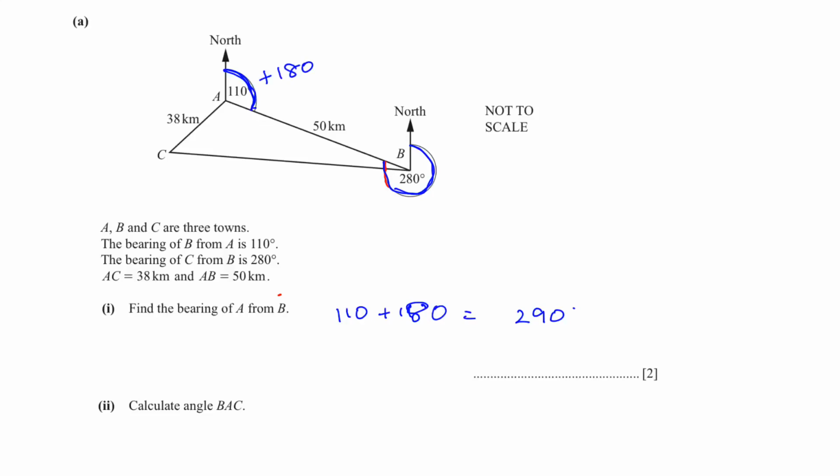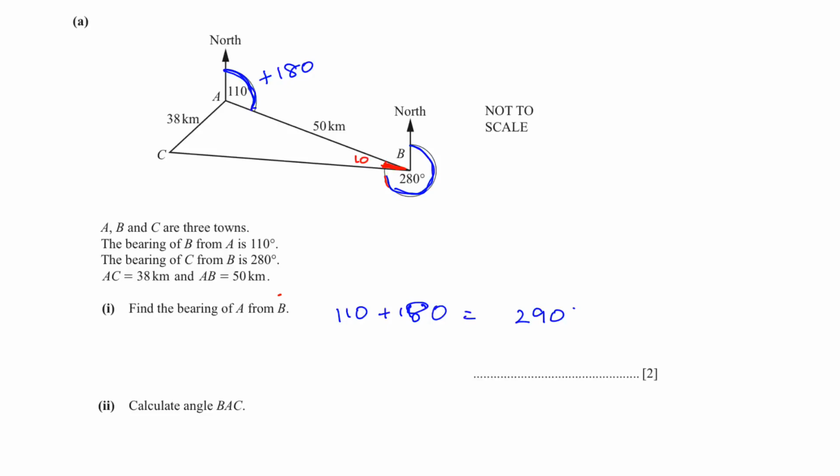Okay. Next, calculate angle BAC. We found out that this whole bearing is 290 and this is 280. So this little part here is 10 degrees.